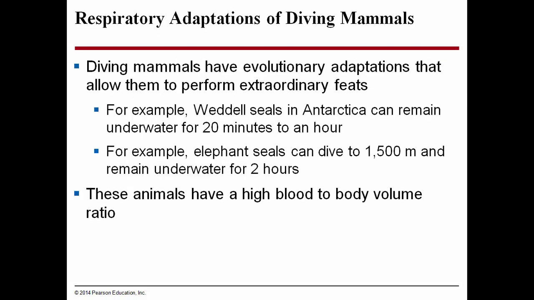Diving mammals have evolutionary adaptations that allow them to perform extraordinary feats. For example, a Weddell seal in Antarctica can remain underwater for 20 minutes to an hour. An elephant seal, common off the coast of California, can dive 1,500 meters and remain underwater for 2 hours. These animals have a high blood-to-volume ratio.